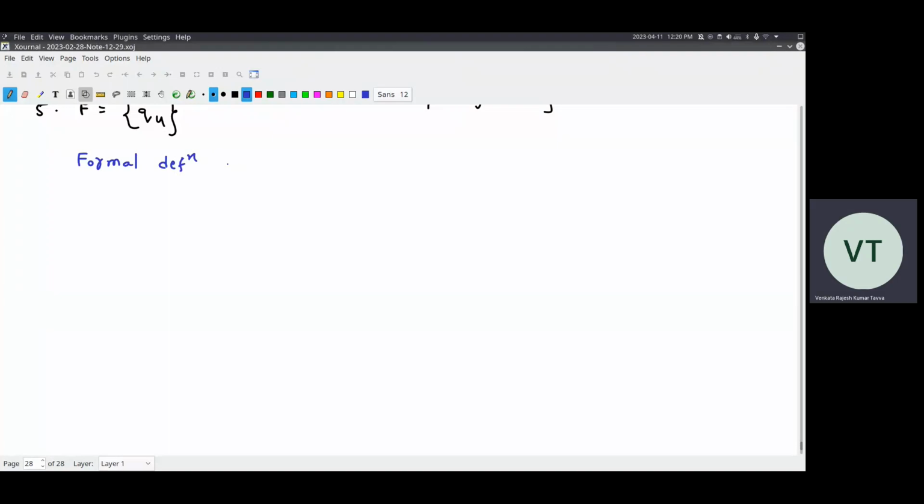Formal definition of computation for NFA.